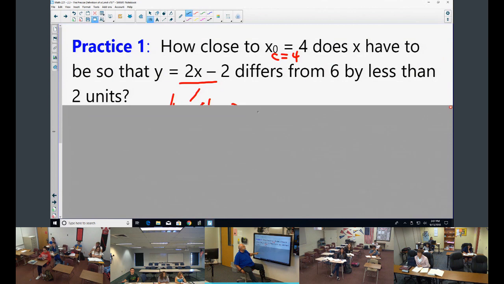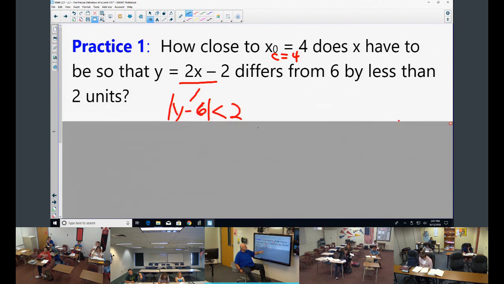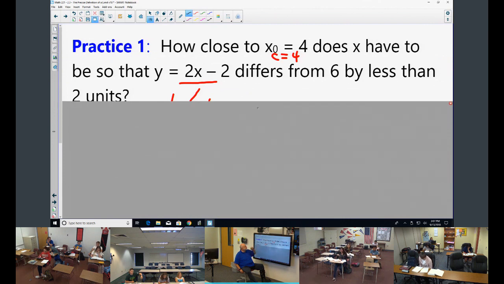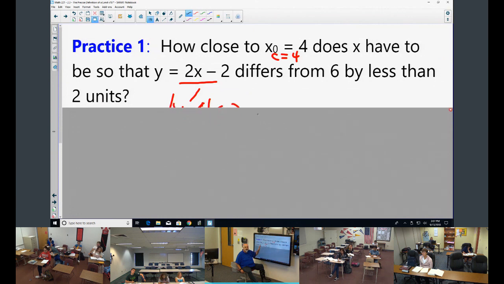All right, so this says, how close to x sub 0 equals 4 does x have to be so that y equals 2x minus 2 differs from 6 by less than 2 units? Okay, so this is your f of x, this is your L. All right, so does everyone have the guided notes?